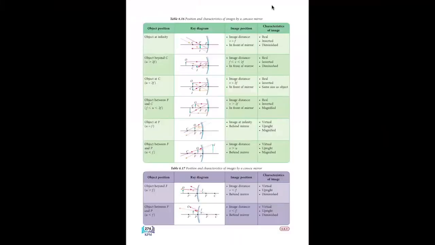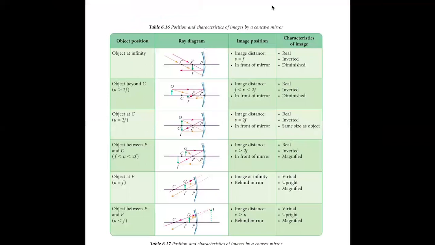This is the final diagram for all that we have discussed just now. Again, it is the same. This one, object is at infinity: real, inverted, diminished.